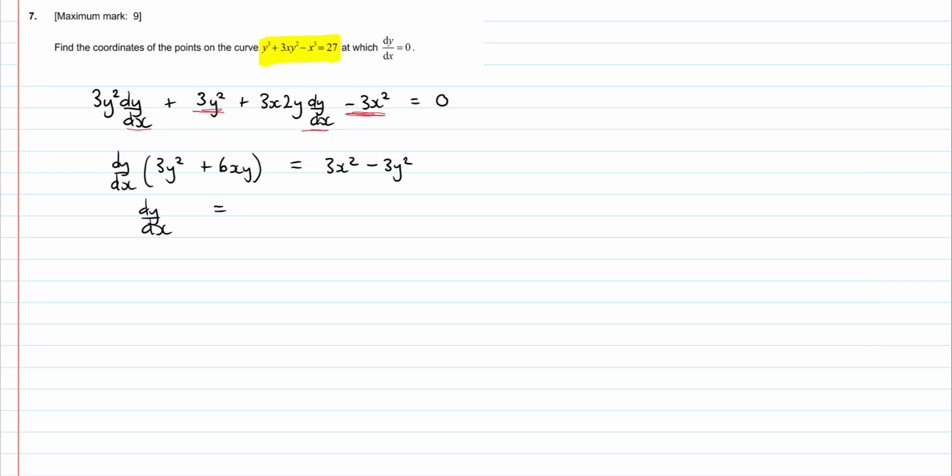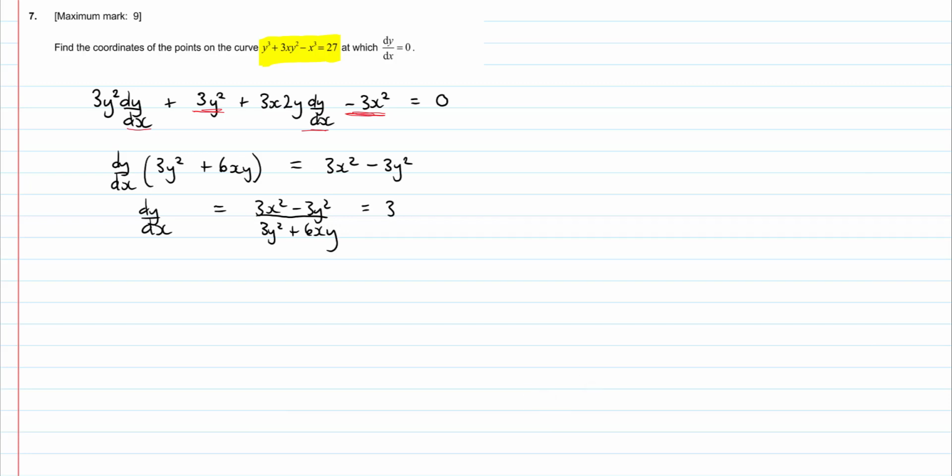So we get dy by dx is equal to 3x squared minus 3y squared all over 3y squared plus 6xy. Okay, and now we can factor out 3.